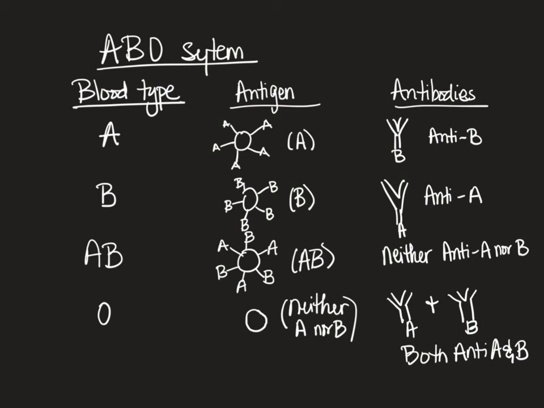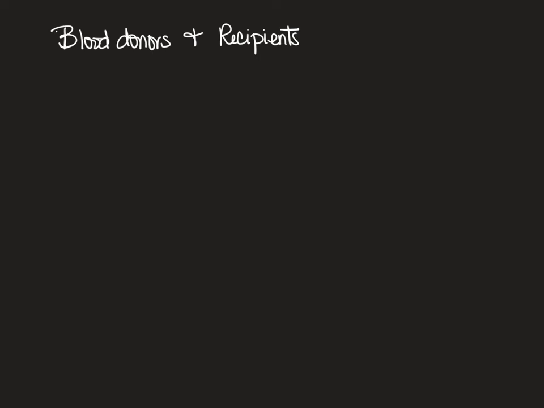If you have type O blood, then you have neither antigen A nor antigen B on your red blood cells, but your body makes both antibody A and antibody B in the plasma, the liquid part of your blood.